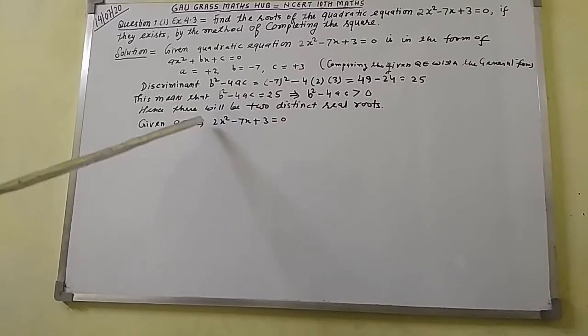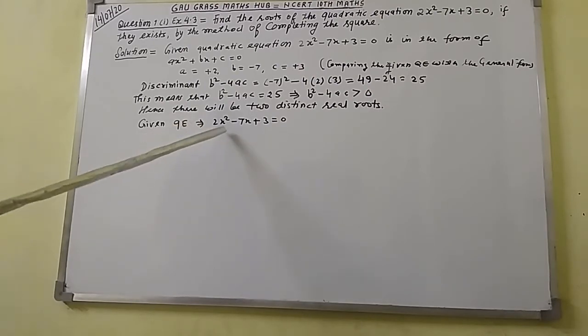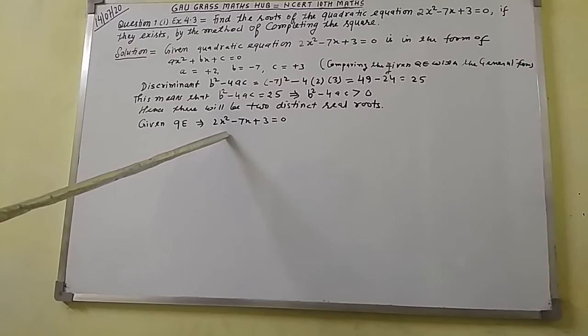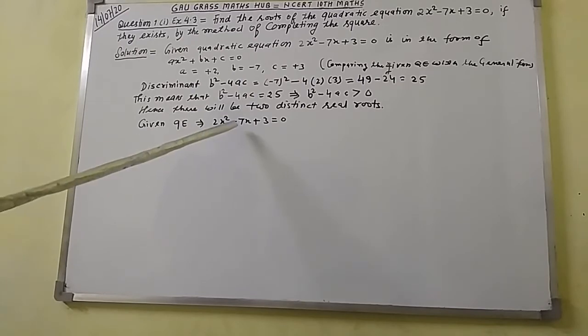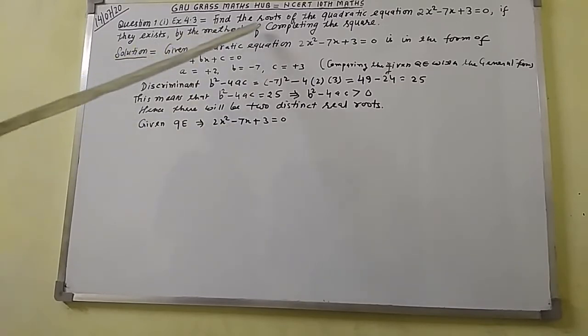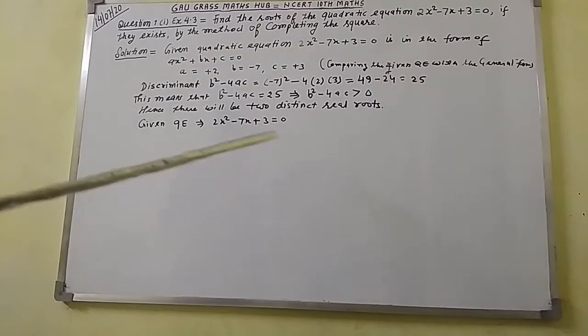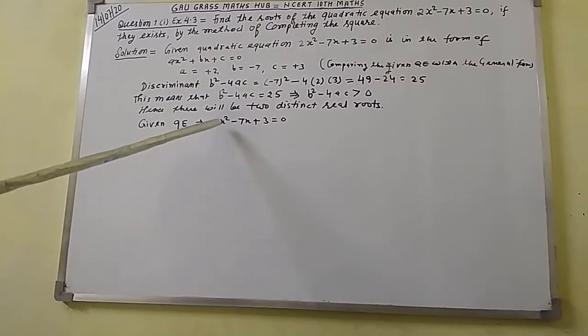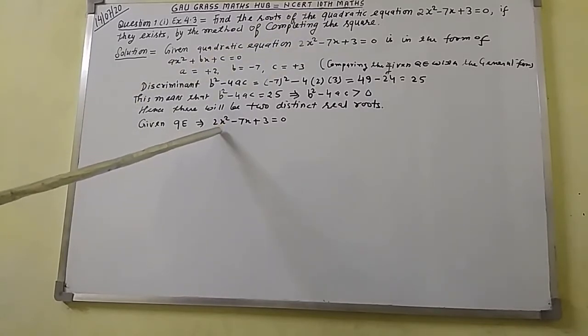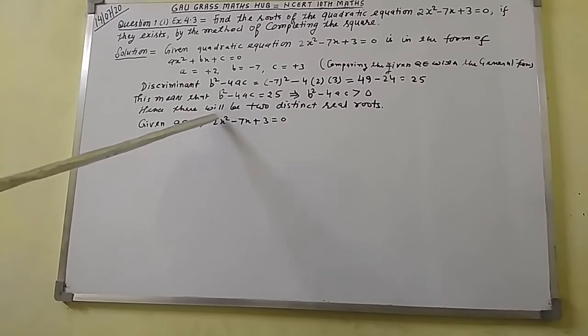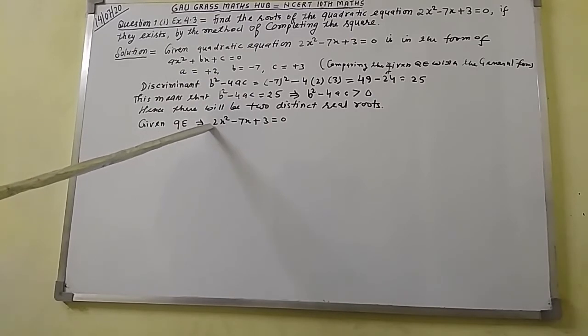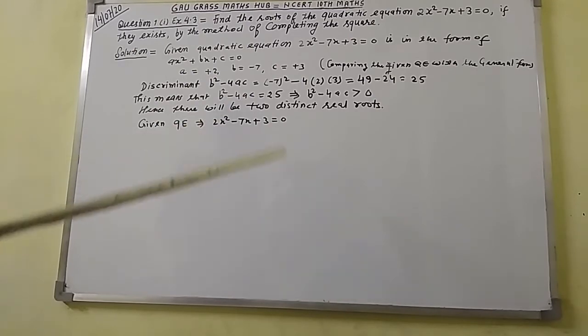Whenever this type of quadratic equation is going to be solved by the method of completing the square, in this case, first you will remove the coefficient of x square, that is plus 2. So here I am going to remove plus 2.